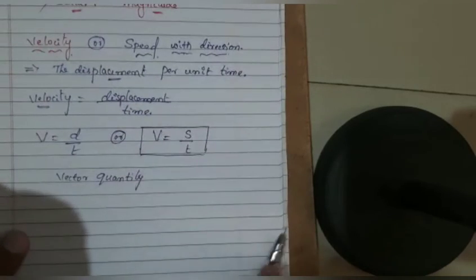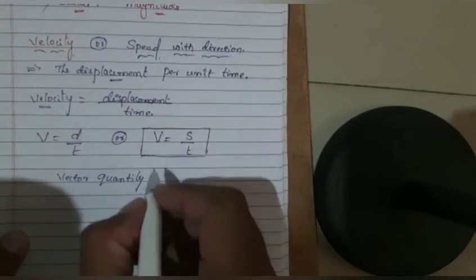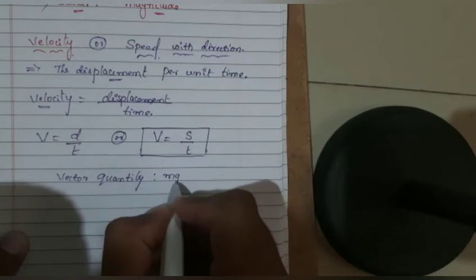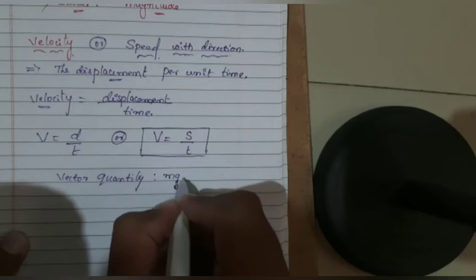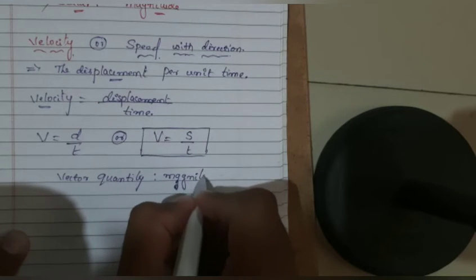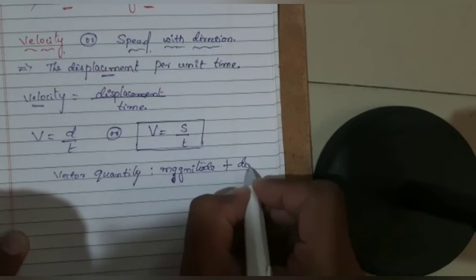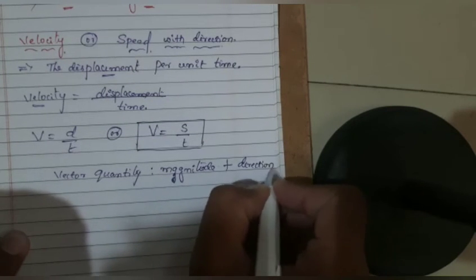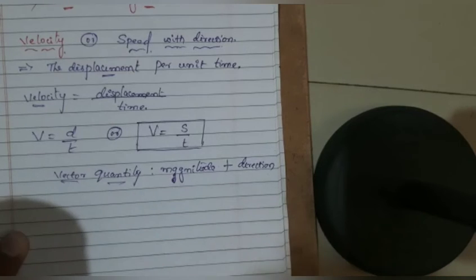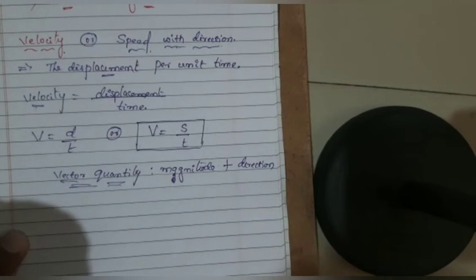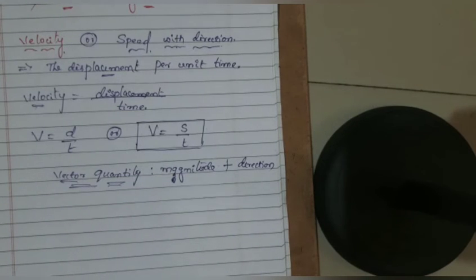If any physical quantity is measured with both magnitude and direction, that particular physical quantity is called a vector quantity. So velocity is a vector quantity; it depends upon direction.